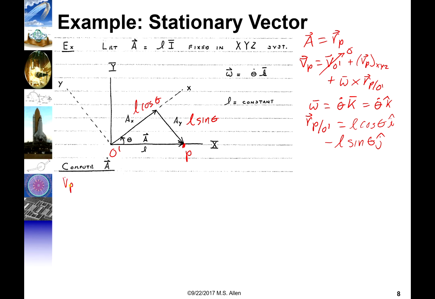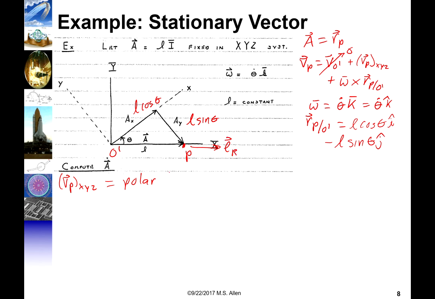What about the velocity relative to x, y, z? For that one, we have to put ourselves on the moving reference frame and imagine what's happening. But we can use our polar coordinates. If we were sitting on the moving reference frame, then point P would always be a length L from us.